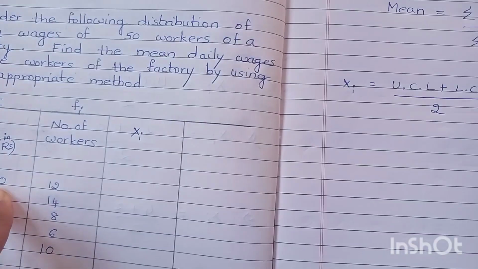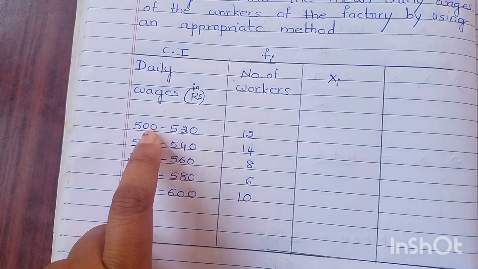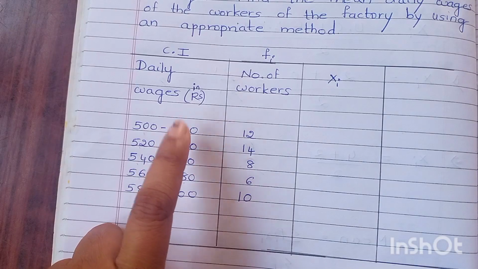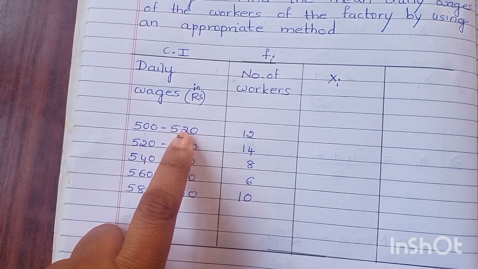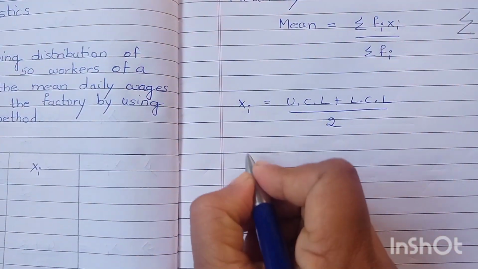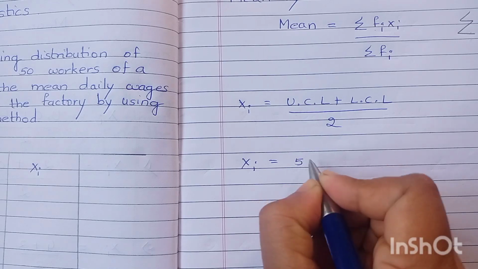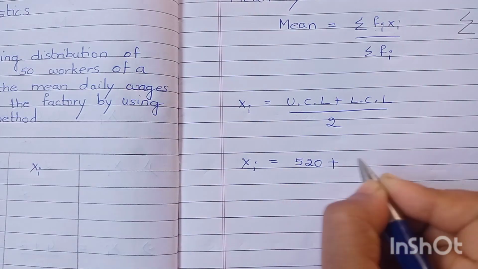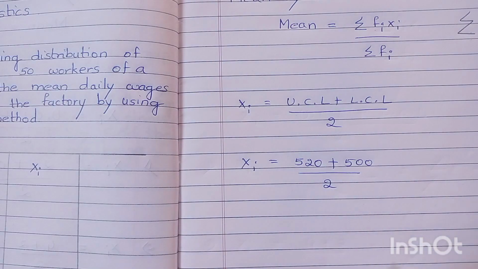So first let us find out the Xi for the class interval 500 to 520 by using the formula. Here, 500 is the lower class limit, 520 is the upper class limit. Let us substitute this in the formula and find out the Xi. So Xi is equal to upper class limit 520 plus lower class limit 500 divided by 2.